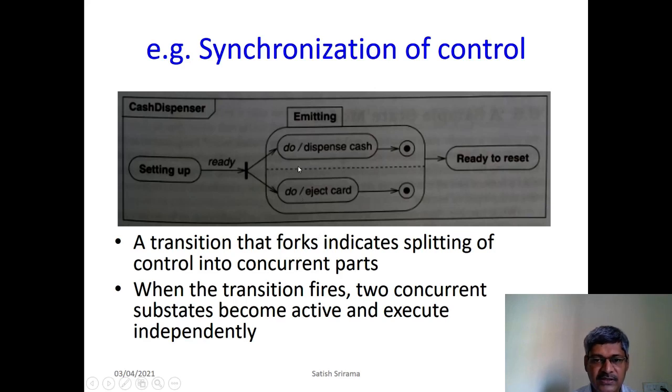These are two substates of the total composite state. The components become active and execute independently. That's how you are achieving the concurrency here, and this is the basic advantage of forking. I'll come back to the example for discussing further things. Once the cash and card are finished, you will go to the ready to reset state. That is clear.